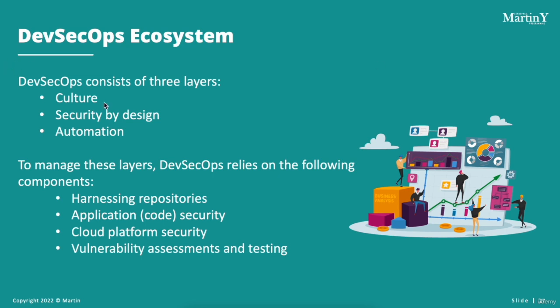DevSecOps consists of three main layers. The first one is the culture. This is not a technical layer, but it is quite often forgotten that DevOps is much more than applying tools and creating CI/CD pipelines. Obviously, the same applies to DevSecOps. Within DevSecOps, every team member feels responsible for security and acts accordingly, taking ownership of it.